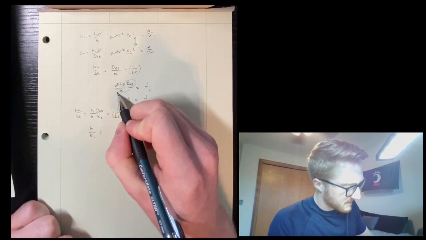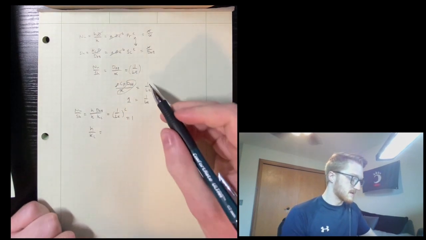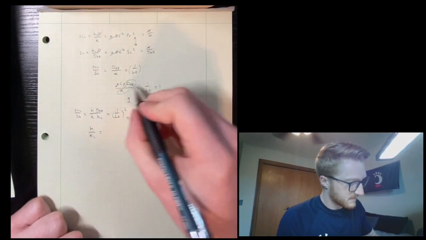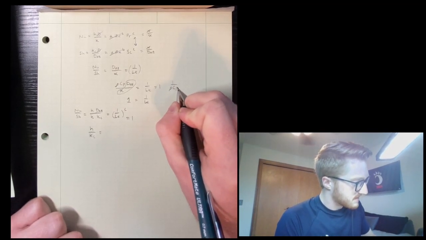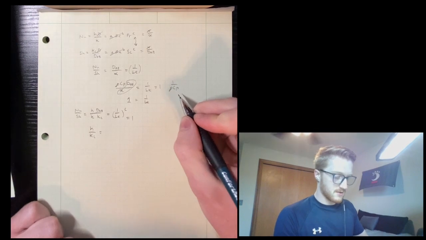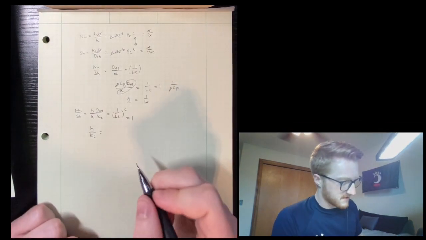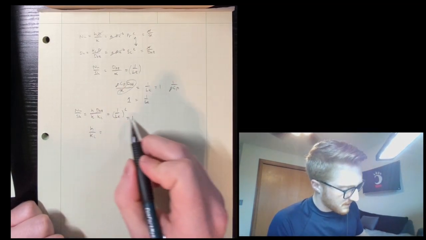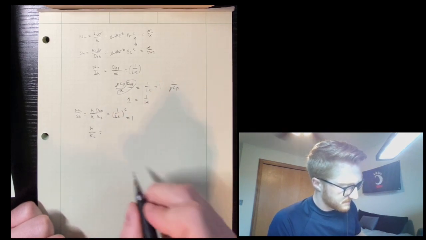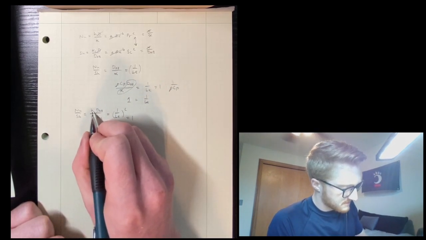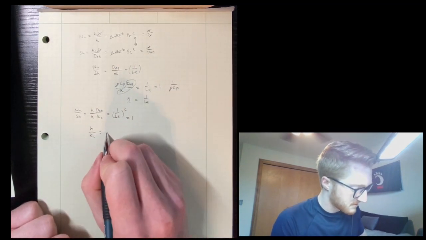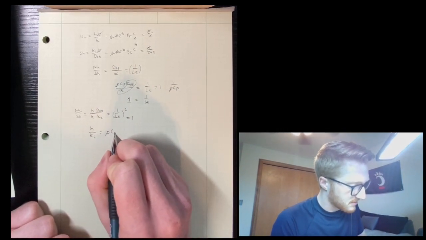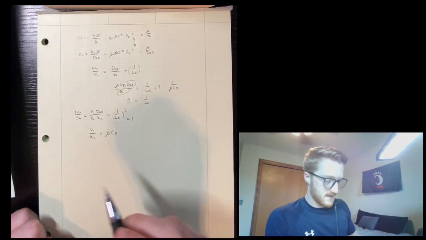We have the same thing here, and that's going to be equal to 1 on this side, so that's going to equal 1 over the density times the heat capacity, which we're going to call the volumetric heat capacity. So if we apply that to this equation, we see that our heat transfer coefficient over our mass transfer coefficient is actually going to be equal to our volumetric heat capacity.